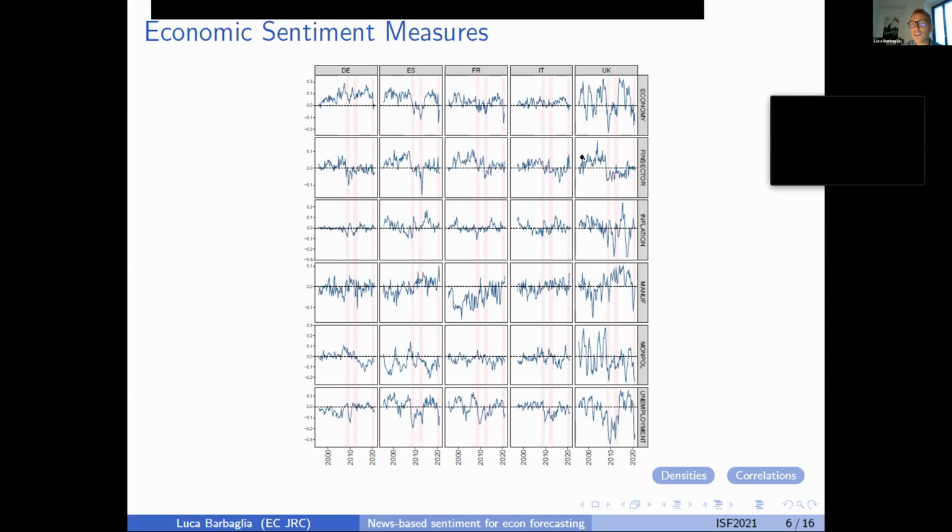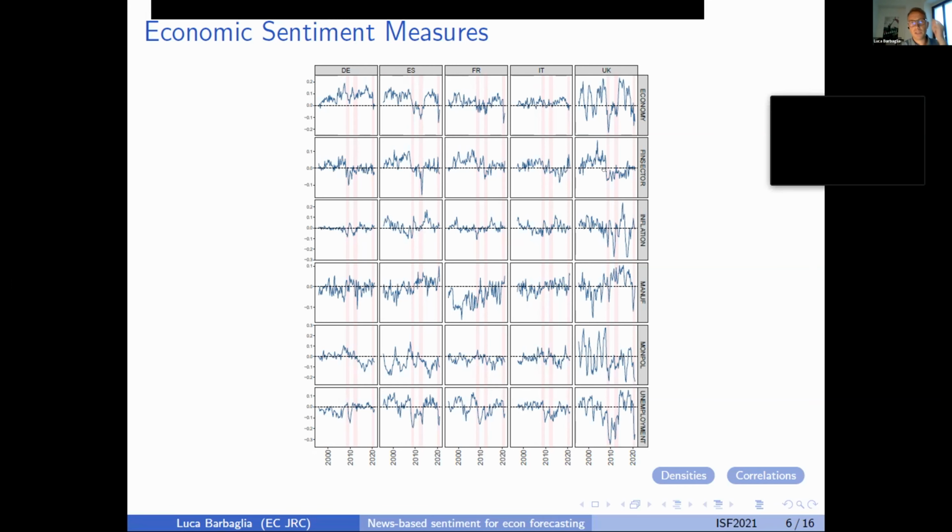While, for instance, if you look at the financial sector indicator, it captures well the 2008 crisis. For 2011, it shows a big dip, for instance, in Spain. But for the 2020 COVID-19 crisis, we see that it's quite stable. And indeed, it reflects the fact that in 2020, the financial market did not really suffer as much as the whole economy did.